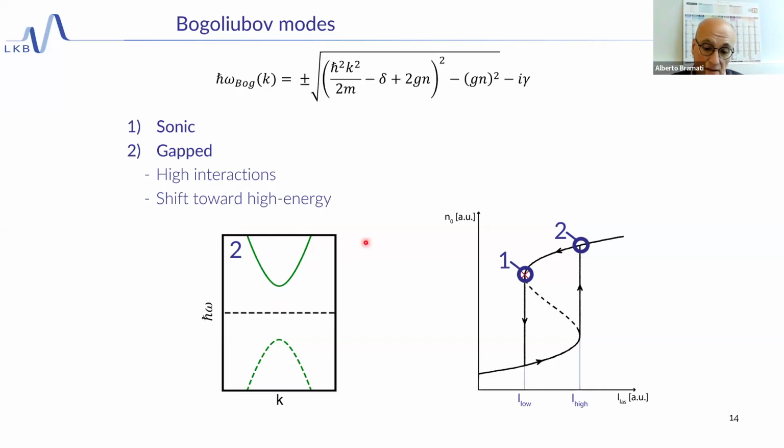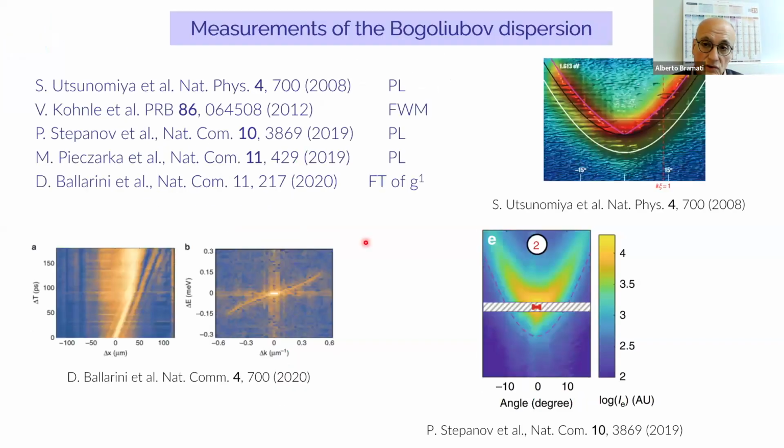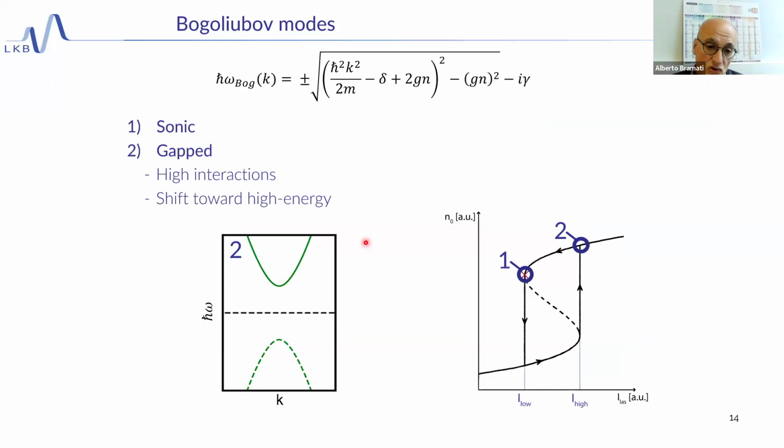So this is what is predicted by the theory. How is it possible to measure this Bogoliubov dispersion relation in the experiment?